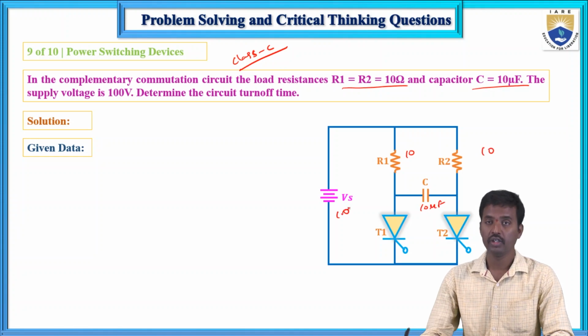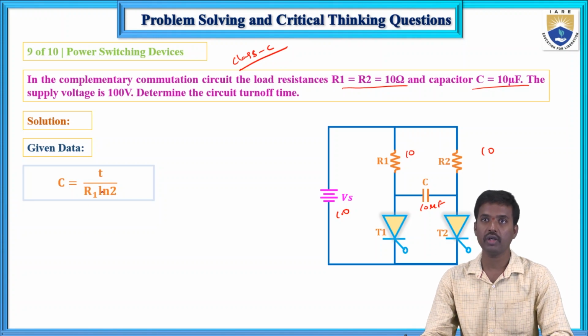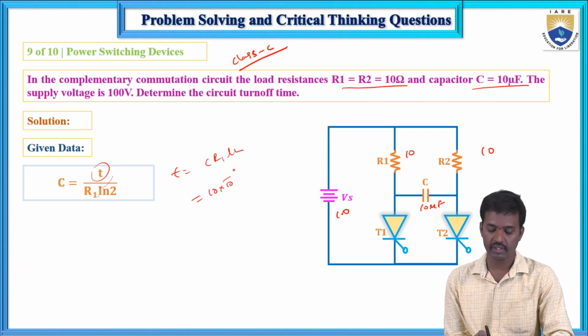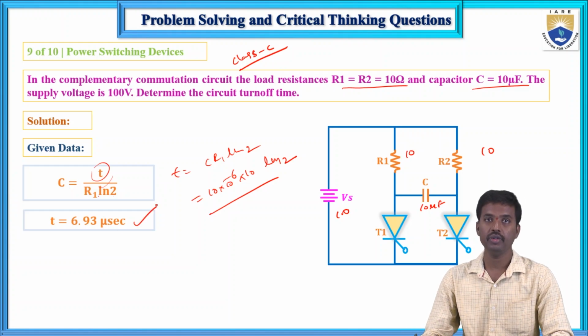We know the formula: C equals T by R1 ln 2. R1 and R2 are the same, so you can use any. T equals C into R1 into ln 2, which is 10 into 10 power minus 6 times 10 into ln 2. That value equals 6.93 microseconds.